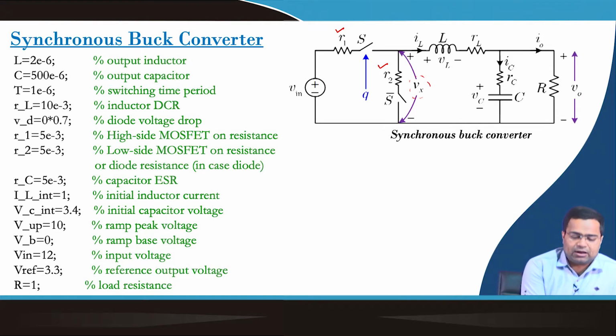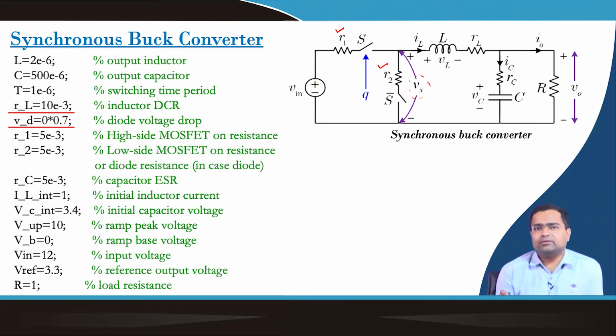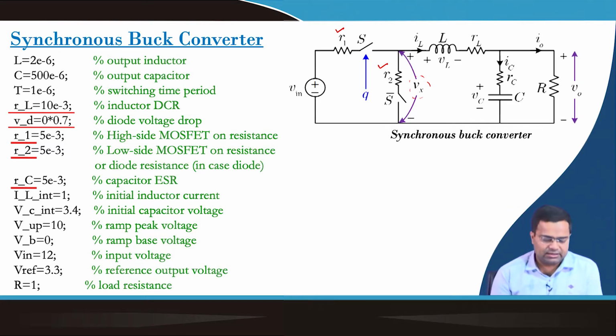We took the DCR of the inductor as RL, then the diode drop. Here we are not operating a conventional buck converter, so there is no diode drop, and it is set to 0. Then the on time of the MOSFET, the on time of the complementary MOSFET, the ESR of the capacitor, and we have also set some initial conditions.